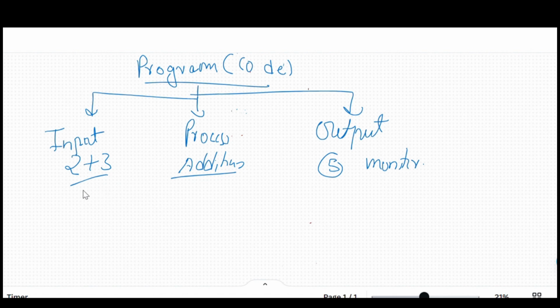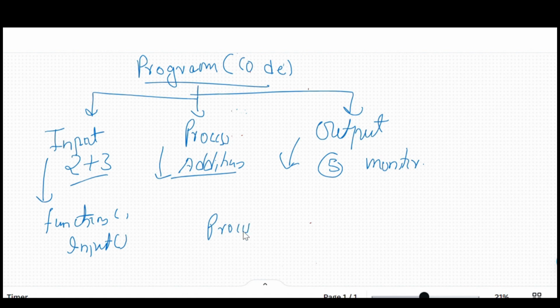That's the idea. And as we know, these input, process, and output are steps being taken by the program. So these are basically the functions. We call them functions or methods. So we would have an input function, a process function, and an output function.